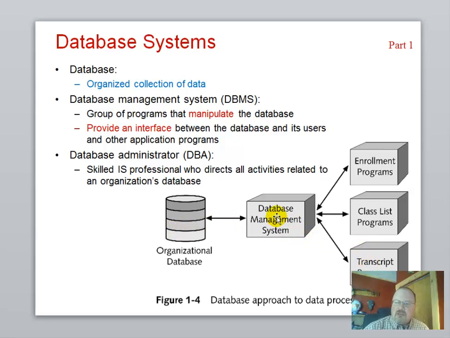So when you get into Oracle and SQL, the databases program, Oracle is that database engine in the background, and SQL is that database management system. Now a DBA is an IS professional that directs the activities of that organization's database.